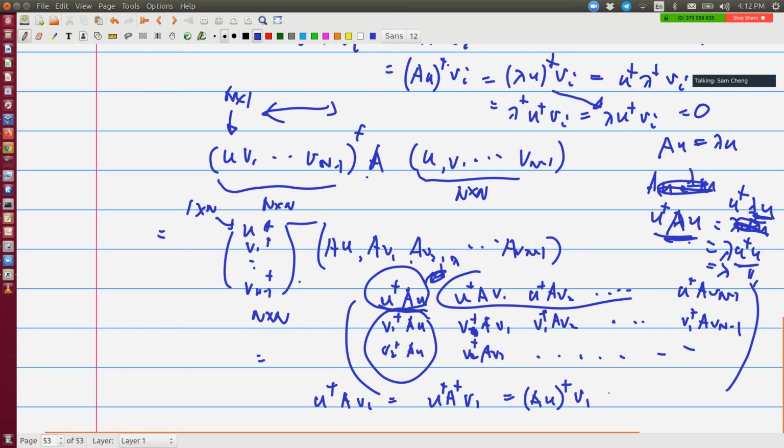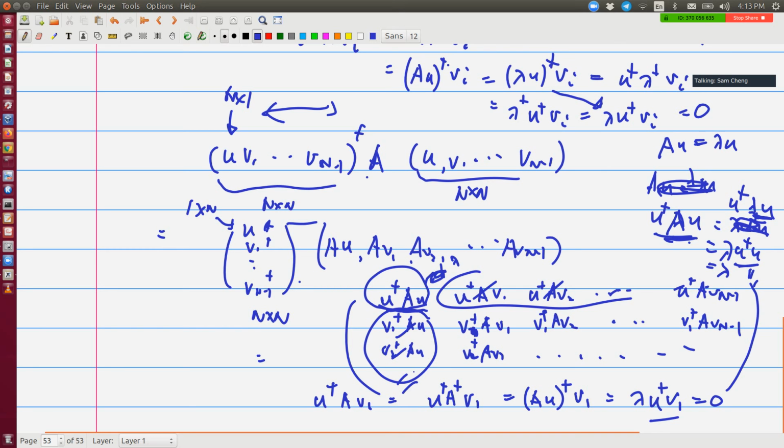And then (A U) Hermitian is equal to lambda U Hermitian, times V1. This we say is orthogonal, therefore equal to 0. So basically all these terms will be equal to 0. All these terms will also be equal to 0.